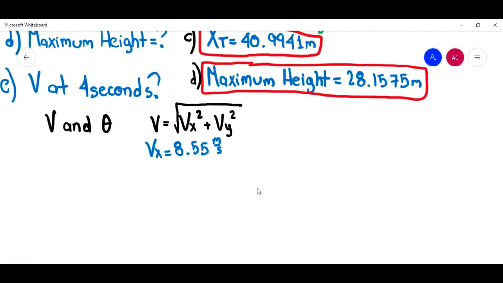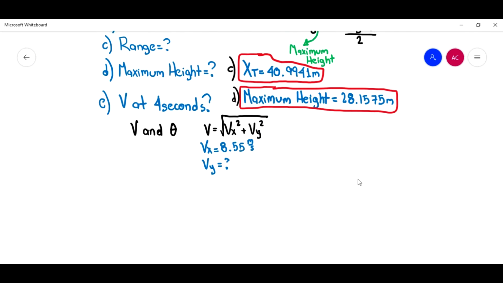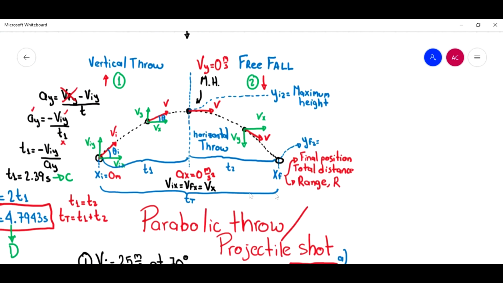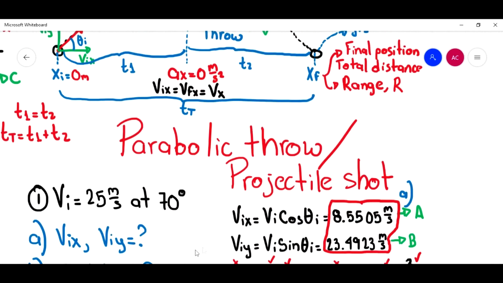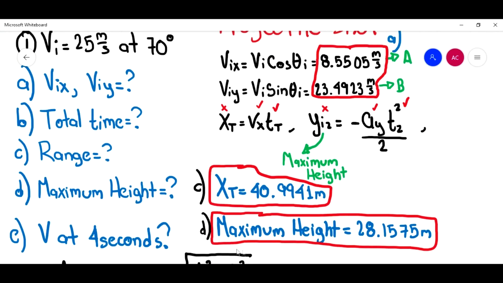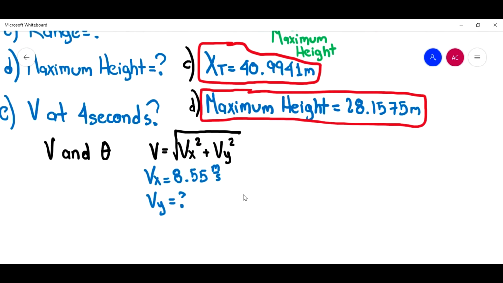I need to find by. I don't know, because by is the only one that is going to change. First it is going to increase, but as time passes, the velocity in y is going to decrease due to gravity. At this point, the velocity in y is going to be 0, and then it's going to be decreasing. So what is the value of the velocity in y at 4 seconds?